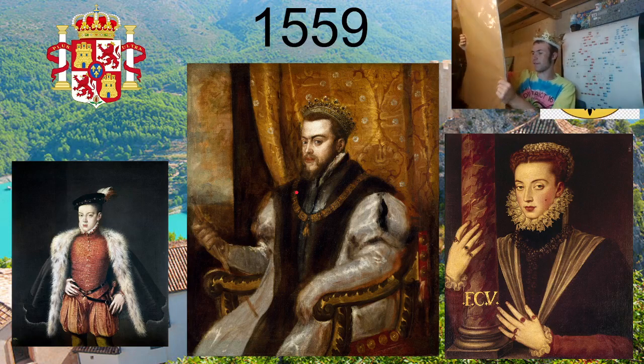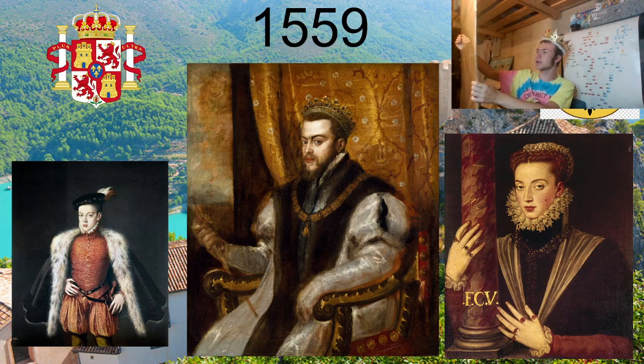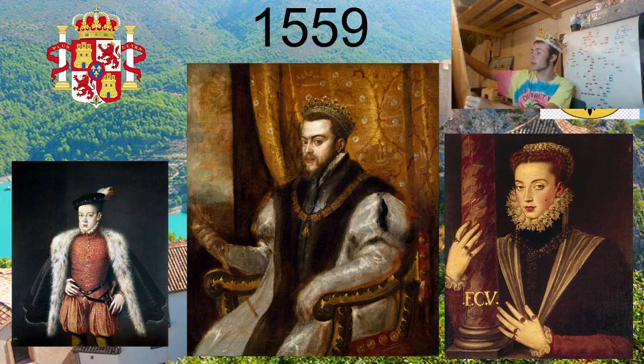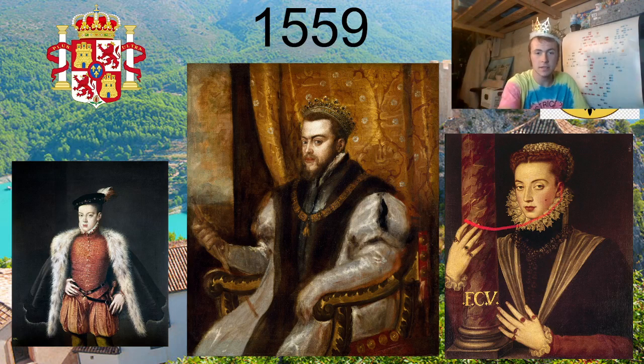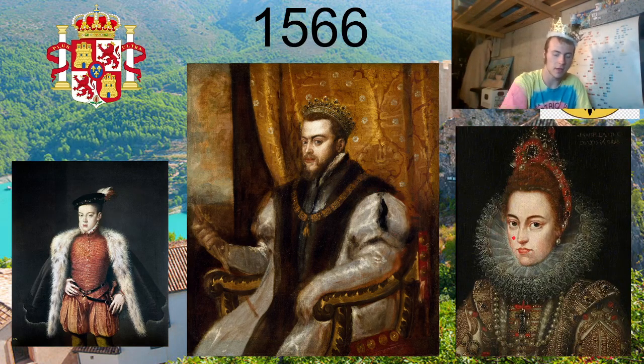This third wife he had was Elizabeth of France, who was the daughter of Henri II of France. And that is who he has this daughter here with, Elizabeth of France.